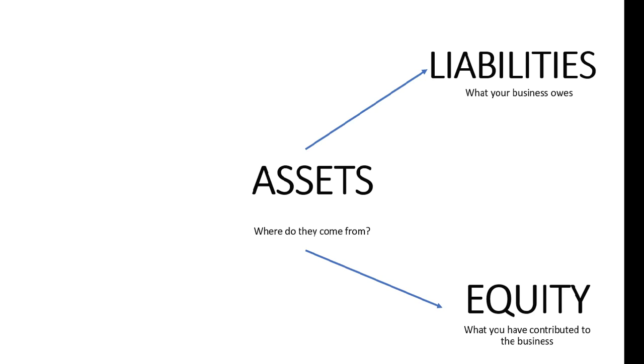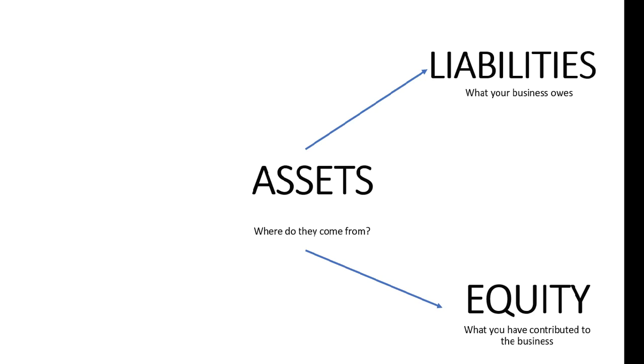So you can borrow some of your assets from someone else, but a portion of it could also come from your own money. So you have your equity. Again, only two sources of assets: your liabilities or your equity.